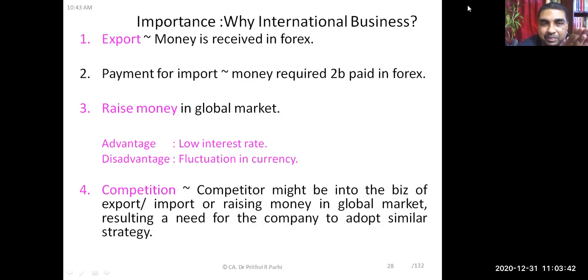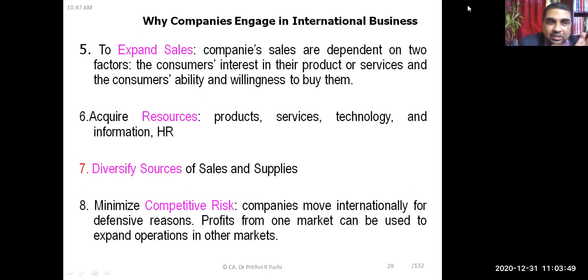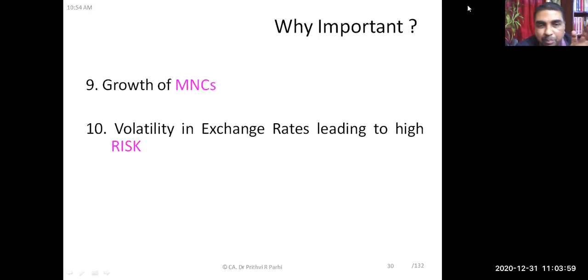Coming to the importance of international business, I repeat: importance lies with export, import, raising money, competition, expansion of sales, acquisition of resources, diversification of sources, minimization of competitive risk, growth of MNCs, and volatility of exchange rates.